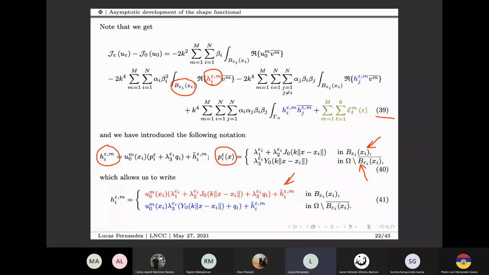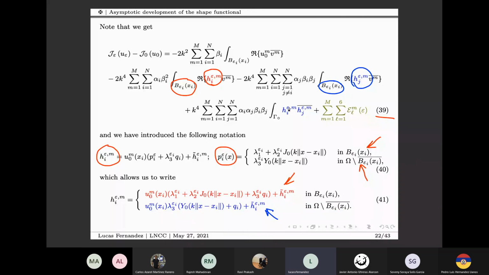And now I have this function hj epsilon, which is defined for the b epsilon j ball, and the domain of integration is the b epsilon i ball. So these are different balls, and you must use the representation in blue color, okay?